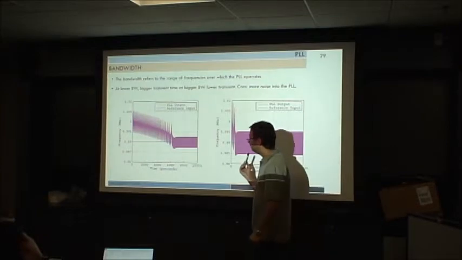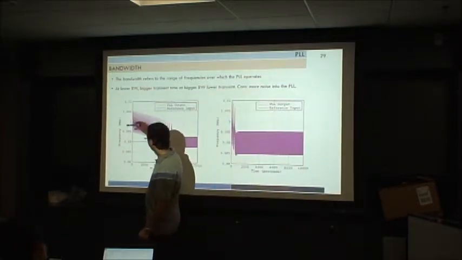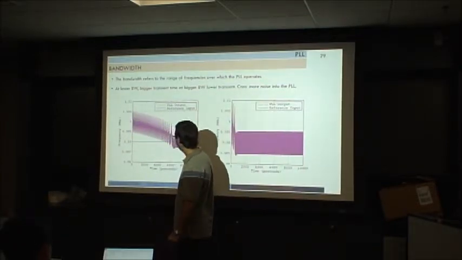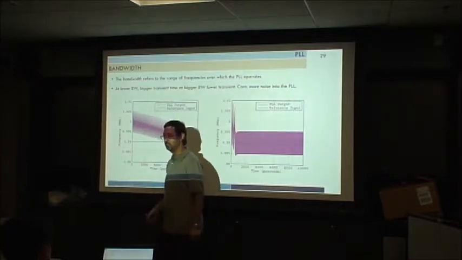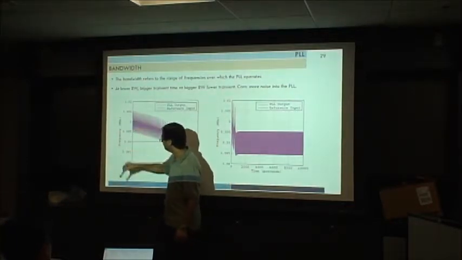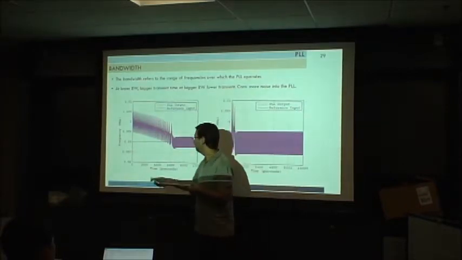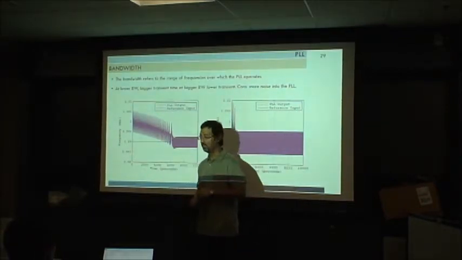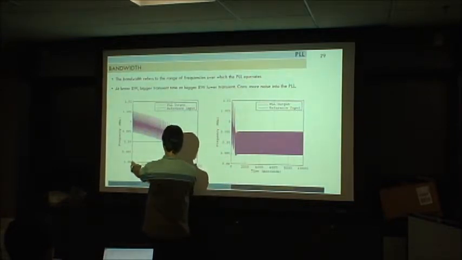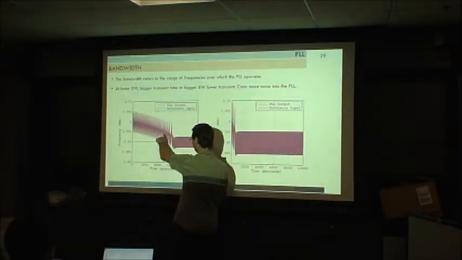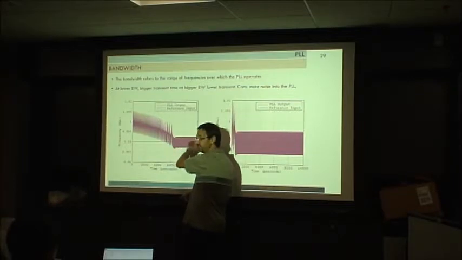Let's say that at the beginning, this PLL has 1 megahertz, but the reference that is coming, the signal that I want to follow, is 0.99. So this guy will take all this time to adapt and then at the end follow the signal.